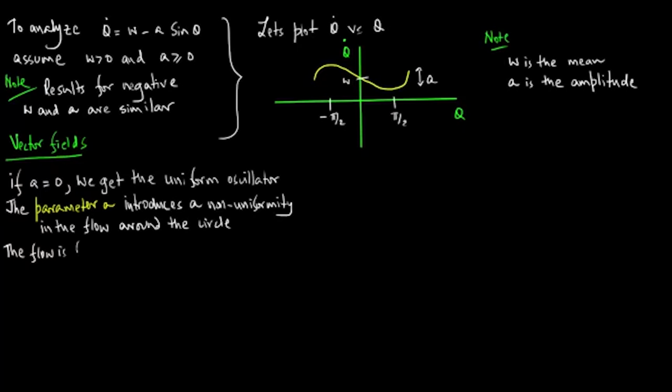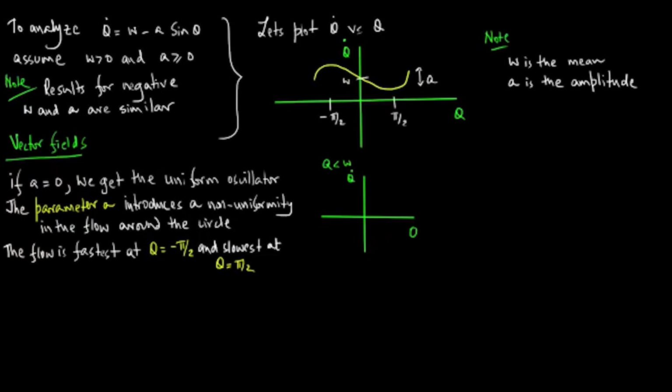The flow is the fastest at theta is equal to minus pi on 2 and the slowest at theta is equal to pi on 2. So when a is less than omega and we plot theta dot versus theta, we highlight the area of the slow passage.